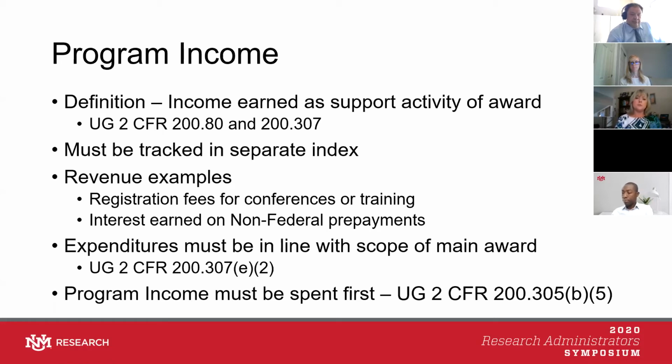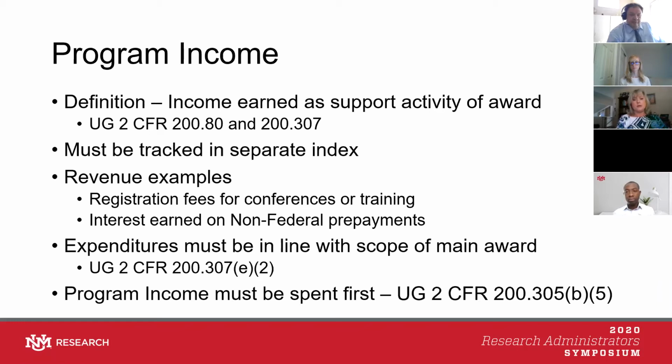That would go into your program income. And also sometimes when we have foundational awards, we get a large lump sum of money, and it's part of the condition of the award that we draw interest on that lump sum and report it, and that would go into your program income as well.